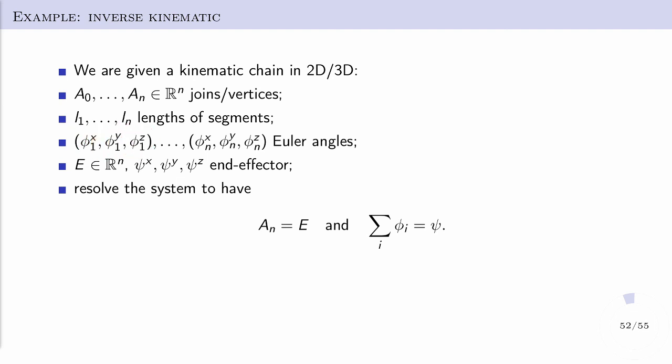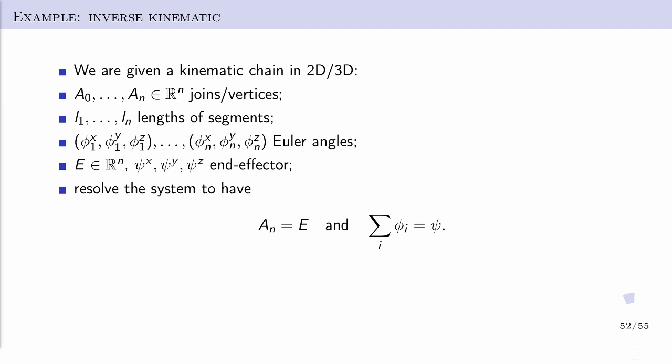We have, in addition, an effector, the point where we want this last segment to be placed, and we have the desired angle such that this effector must be approached from this angle.